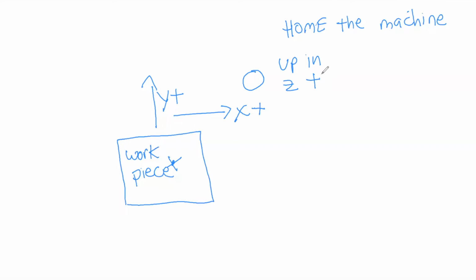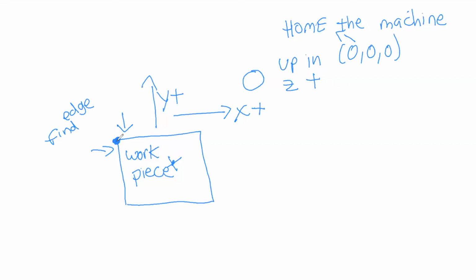But when we're working with a workpiece and say we want to edge find here and here, we're going to be telling the machine a new 0. So the machine's home is 0, 0, 0 up here. But we are going to relocate 0 to over here.